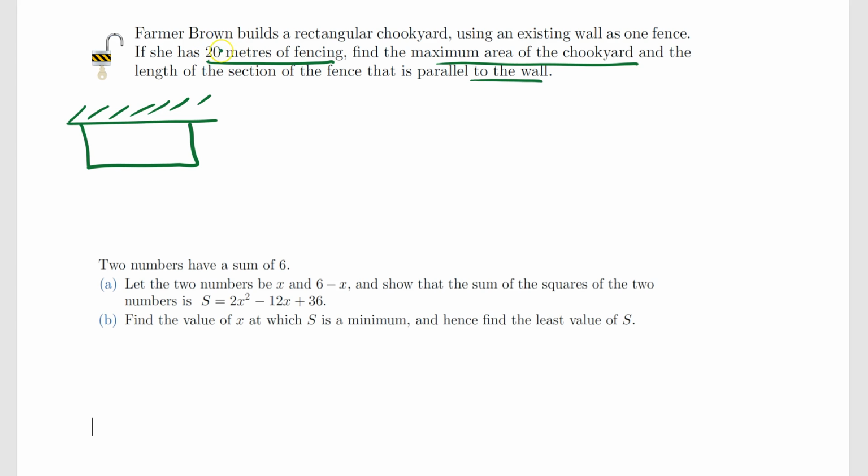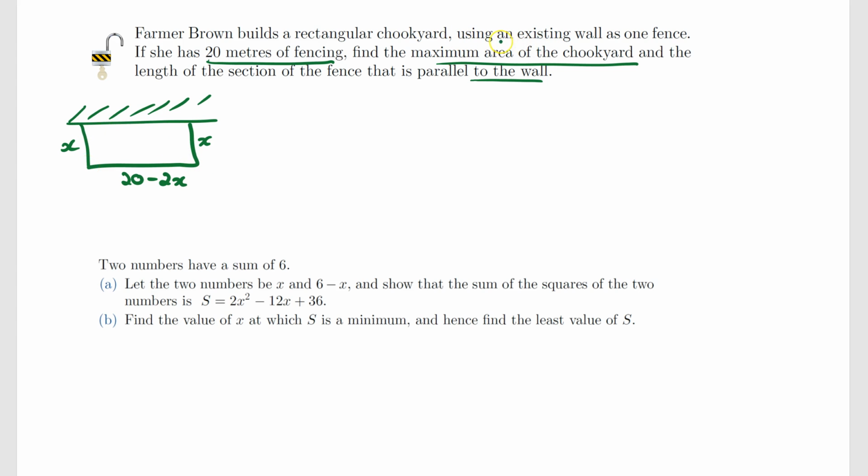So how do we start putting down some detail? She has 20 metres of fencing. Let's say that the length of this part here is x. Then this part here will also be x because it's a rectangle, and that means the length of this part here will be 20 minus 2x. It's the piece of wire minus the two bits that she's used here.